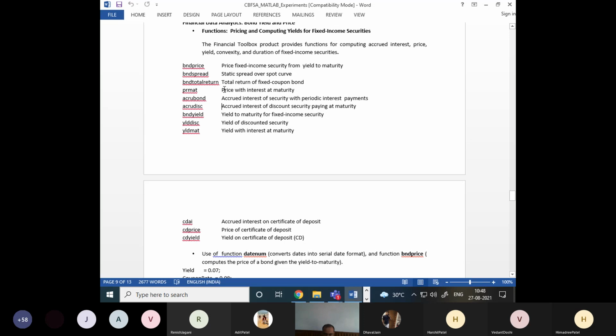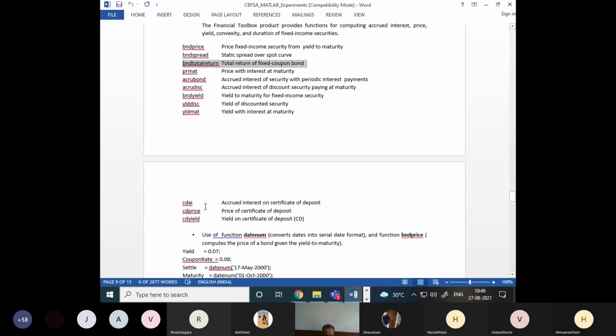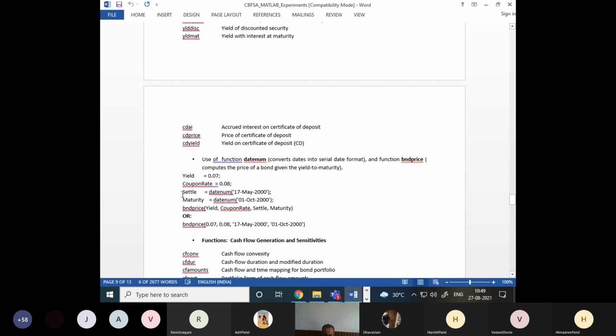If you have a bond which has only a single payment, meaning a zero coupon bond, there are special functions for such bonds. If you have a periodic paying bond, meaning fixed coupon bonds, there are also functions related to that, such as total return of a fixed coupon bond. There are such functions for special cases that you can refer to in MATLAB.